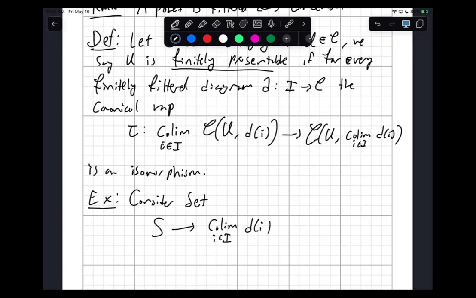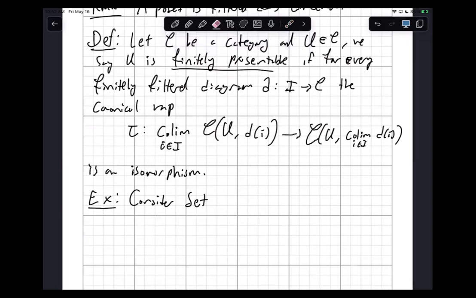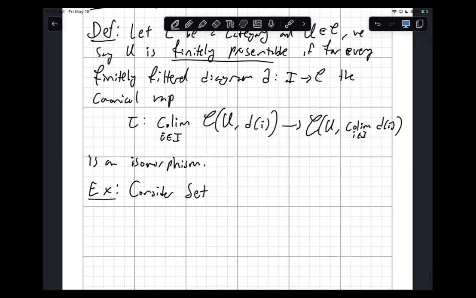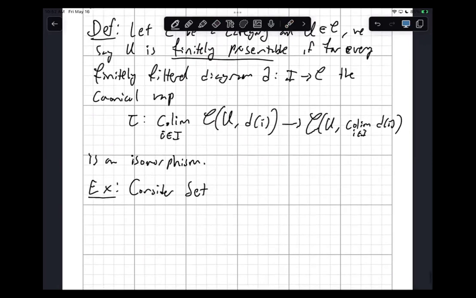Now, if S is finite, then each element goes to the colimit. I think it'll actually be better if I just do the following. What you can do is notice that Set has a special property.